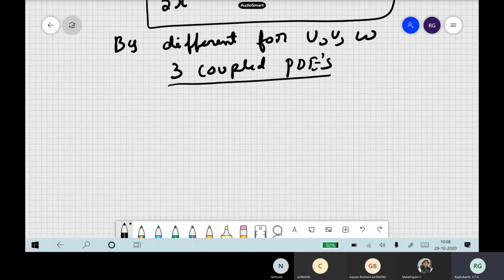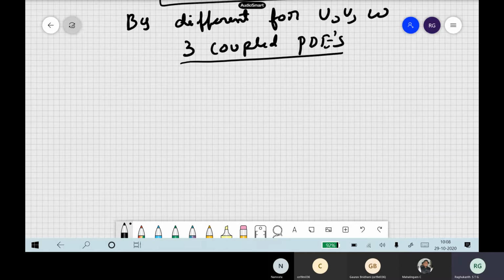We had 4th order equations: one equation for u, one for v, and one for w. If you remember those equations, let us quickly write them, as we wrote in our previous class itself.